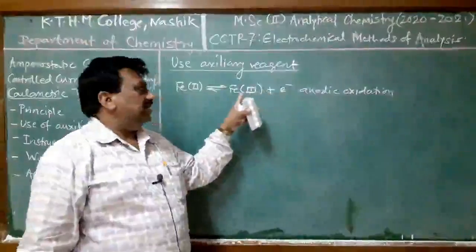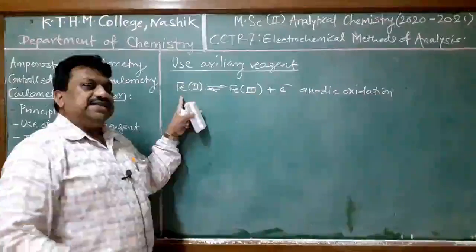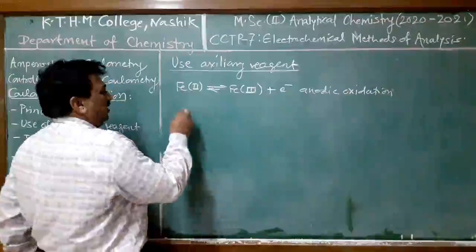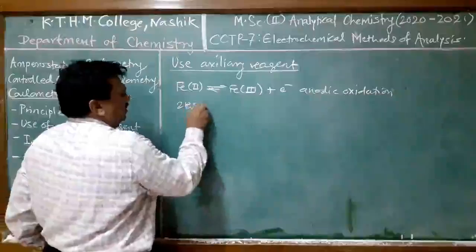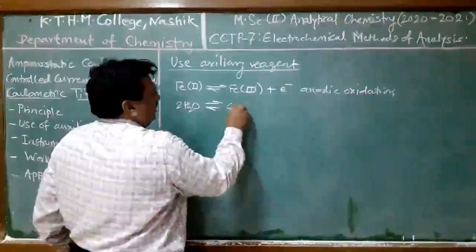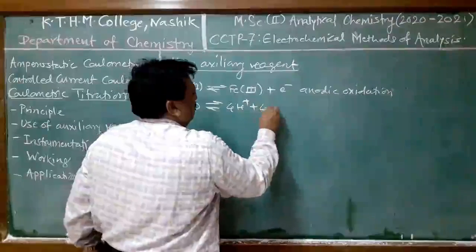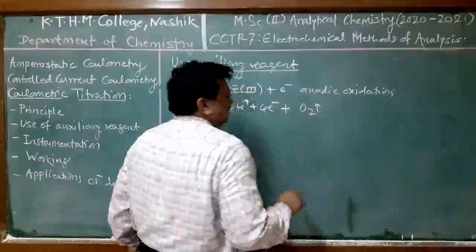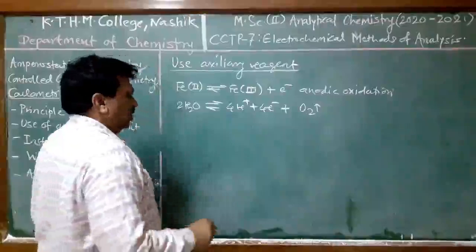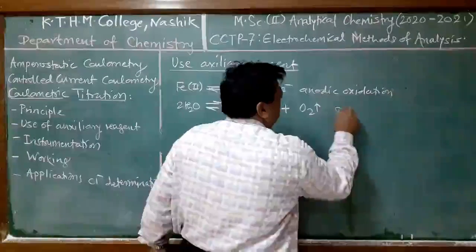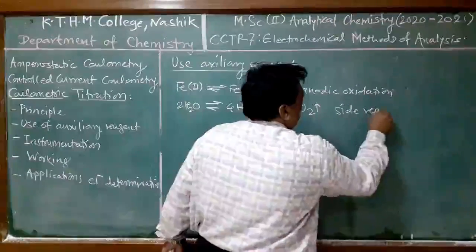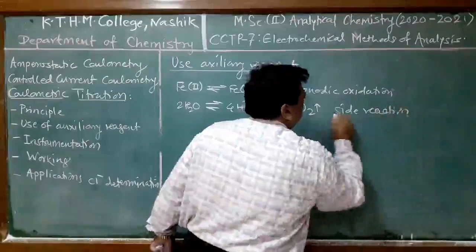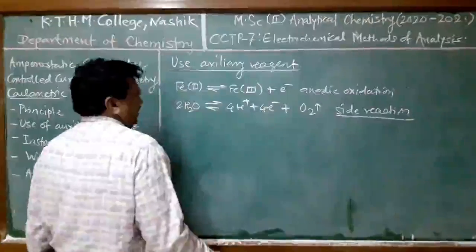When we increase the potential, electrolysis of water takes place, that is 2H2O gives 4H+ plus 4 electrons plus O2, and that liberates oxygen. This side reaction we can avoid by using an auxiliary reagent.